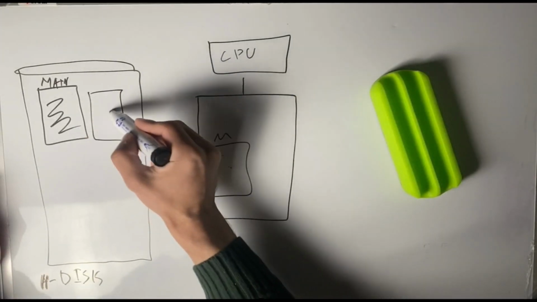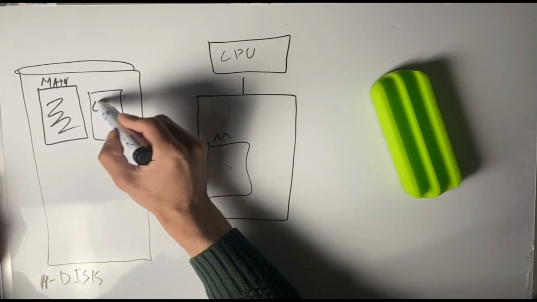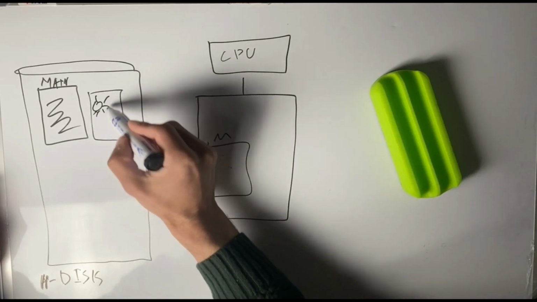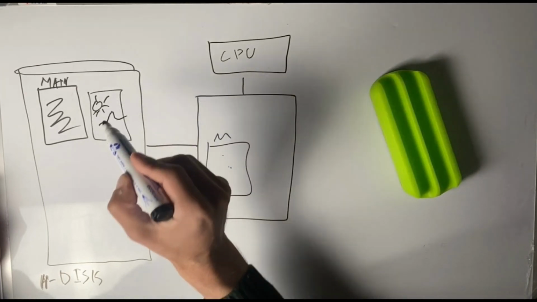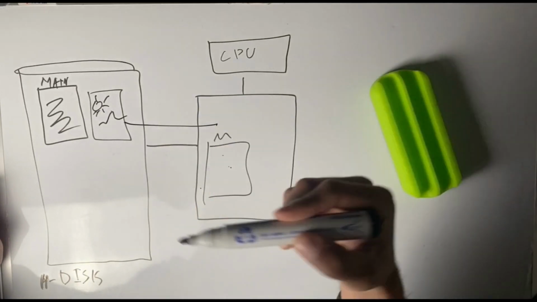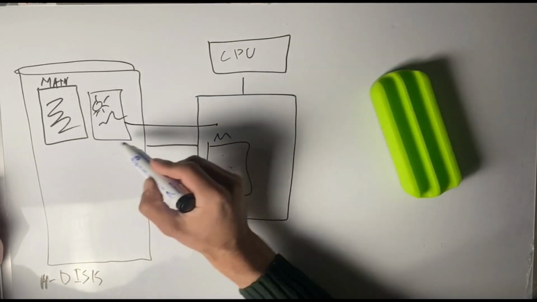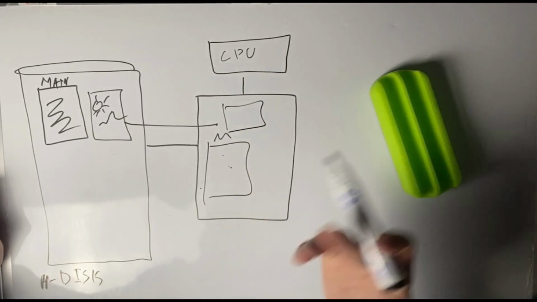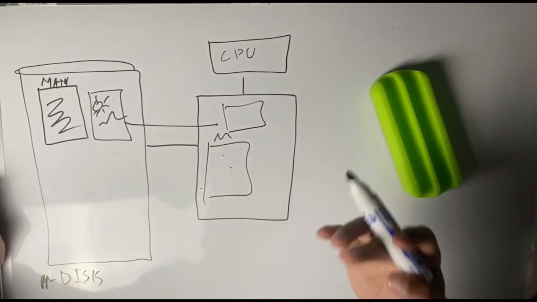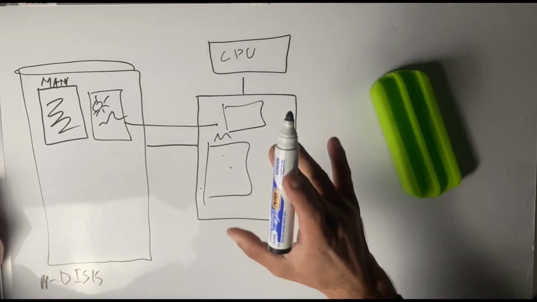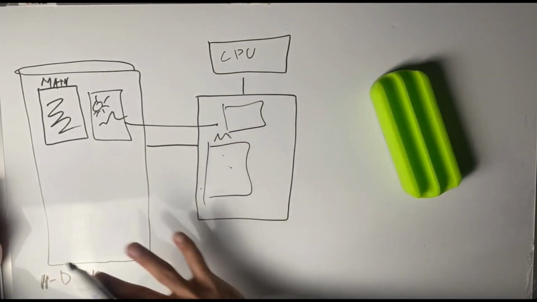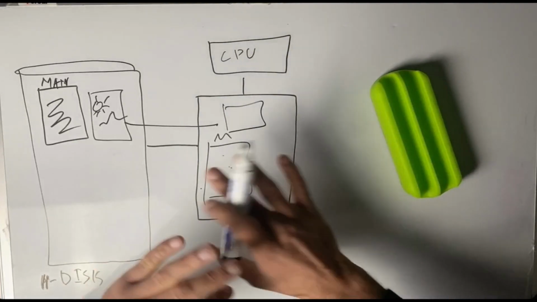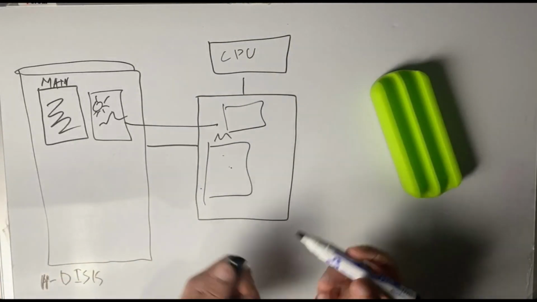Let's say a photo, this is the sun, this is the mountains. So to read this file, all its contents have to be copied here. Then you can see it and edit it and do things, right?